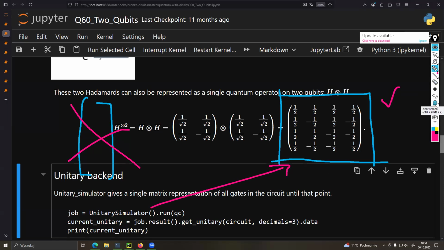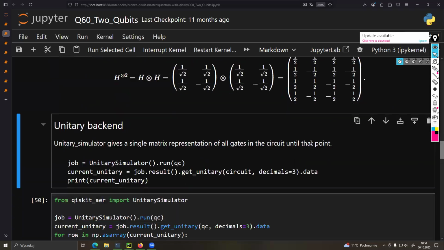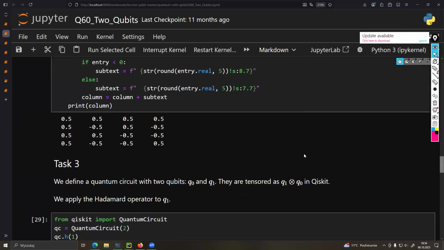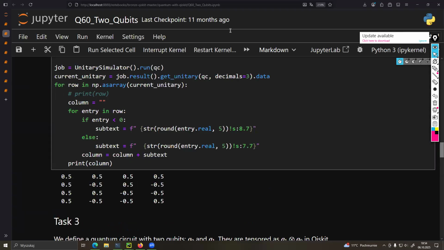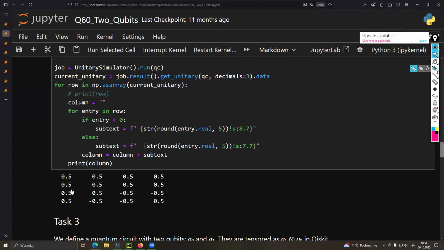Sometimes you want to do this because you would like to see all of the calculations that you would make on the actual machine. So this is very important. And here I also made my own implementation of how to print this matrix, because as you can see, I have it very nice and evenly distributed.